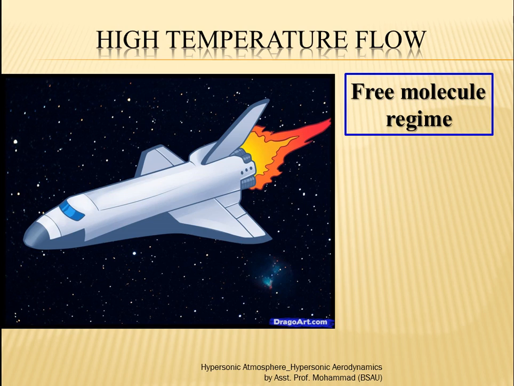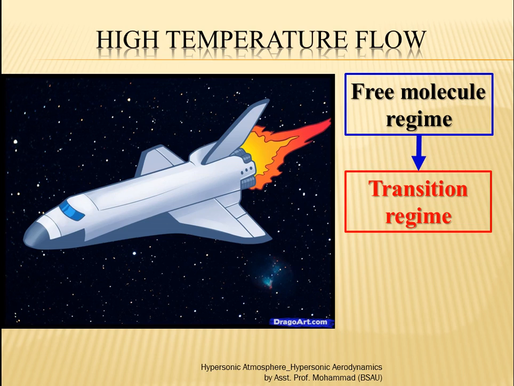During re-entry, the space shuttle flies from a much rarefied atmosphere to a denser atmosphere. So this shifts from the free molecule regime to a transition regime. In the free molecule regime, individual molecule impacts are felt and are accounted for using kinetic theory.